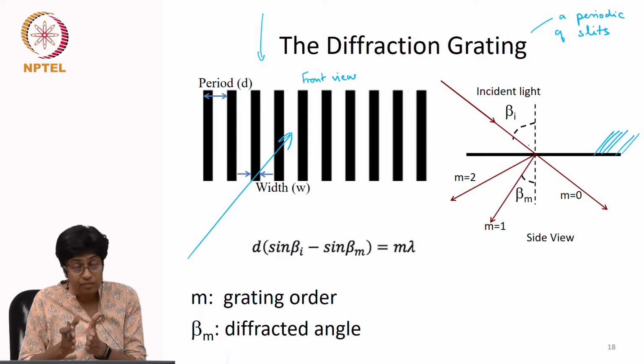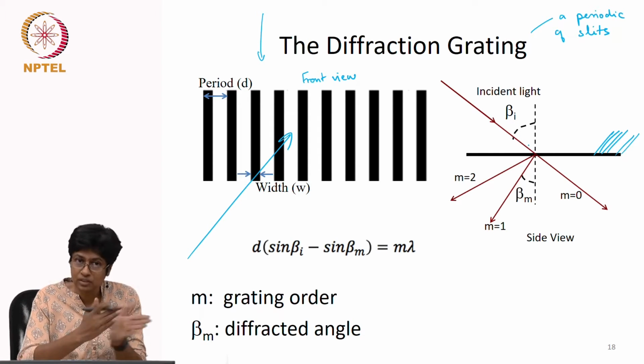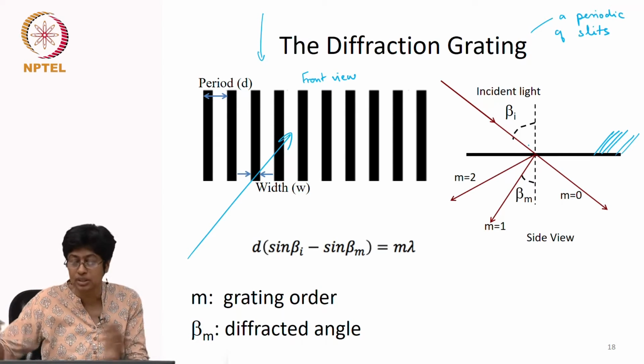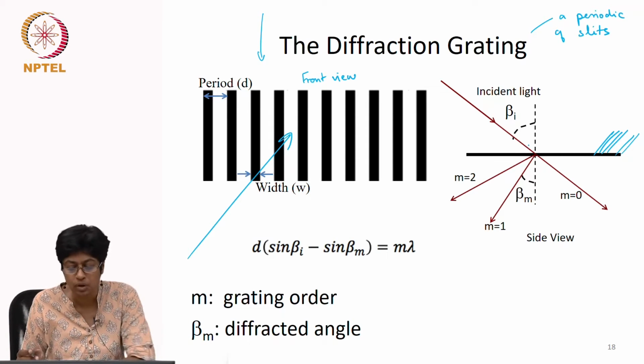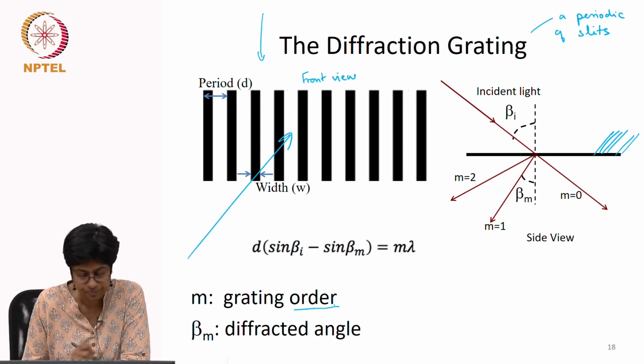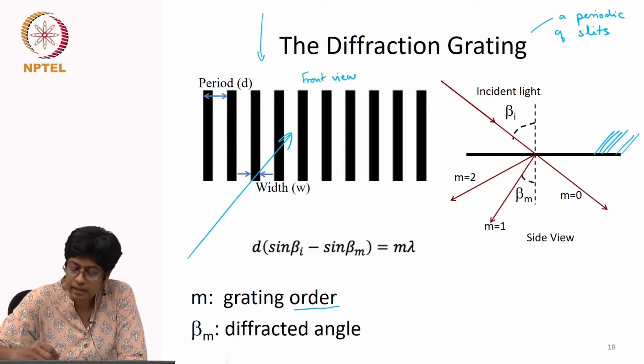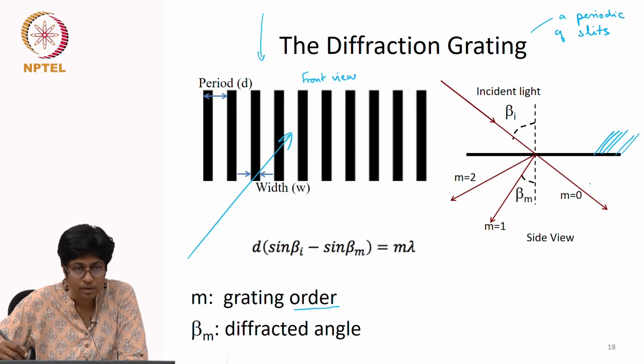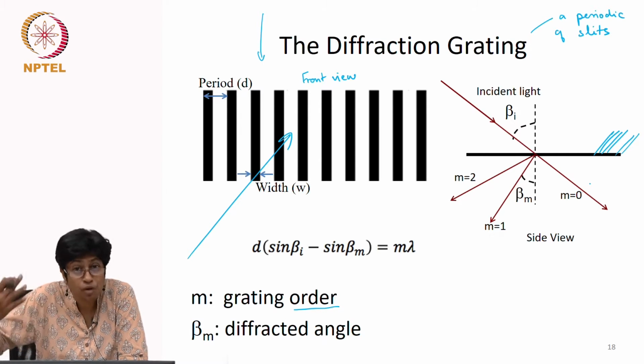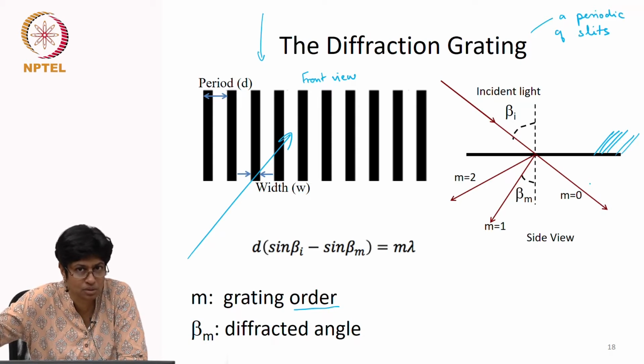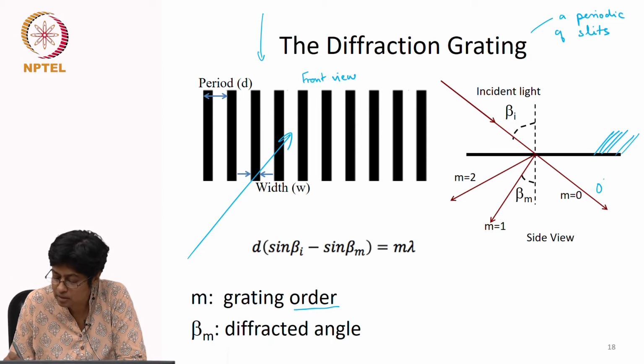Because I now have light constructively interfering at select positions, I have a number of what we call orders. One order continues as if there was no grating at all. This is the order that, in a sense, is following the geometric optics rules. And that's why we call this the zeroth order.